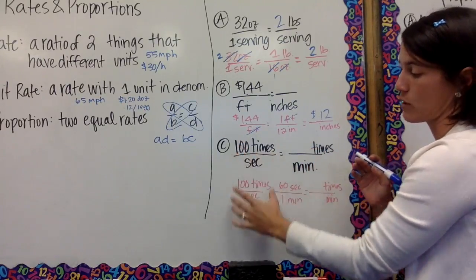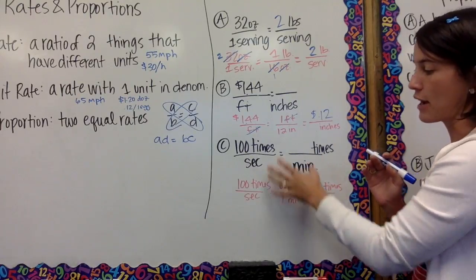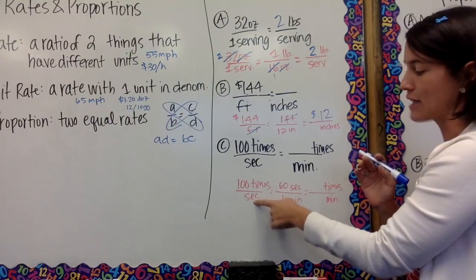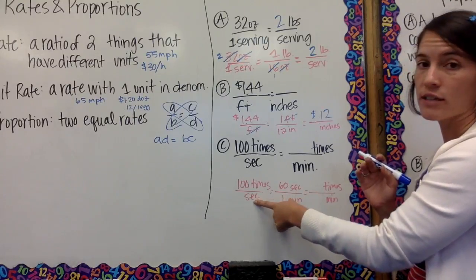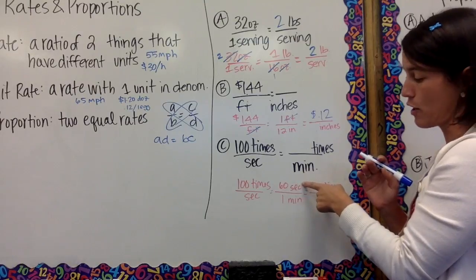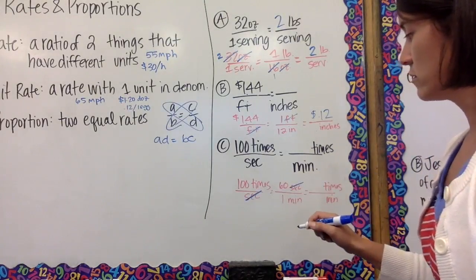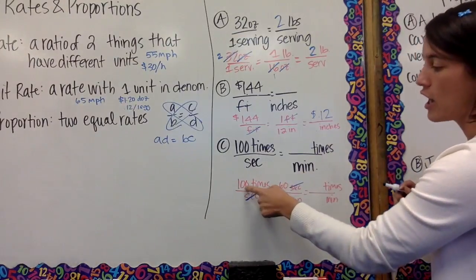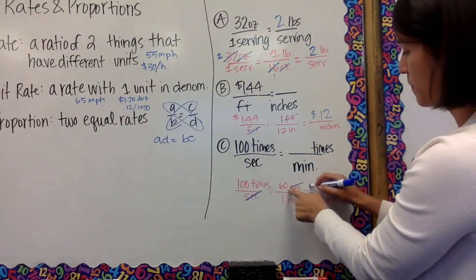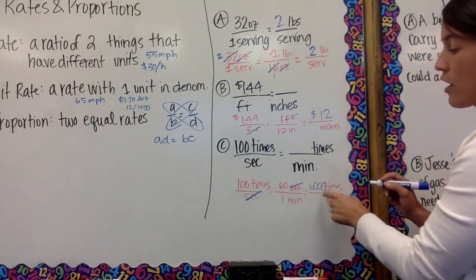So again, I start with my first rate and my third rate. And my conversion, since I'm changing my seconds to minutes, notice I have seconds on the denominator, so my seconds go in the numerator. 60 seconds equals 1 minute. My seconds cancel. And now I'm going to multiply 100 times 60, so 6,000 times for every minute.